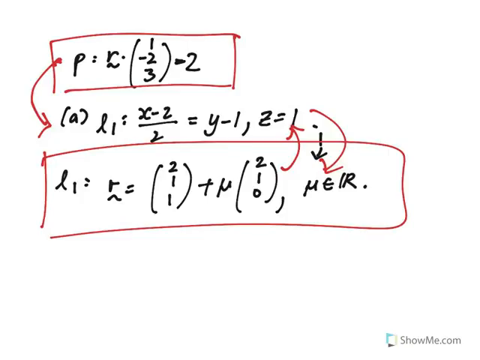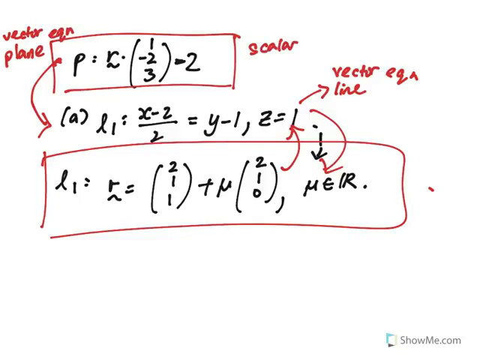This one is a plane, this one is a line. This one is a vector equation of a line. This one is a vector equation of a plane in scalar product form. There are three forms of vector equation for a plane: the parametric form, scalar product form, and the Cartesian form.